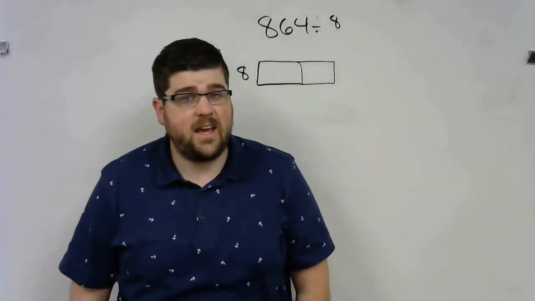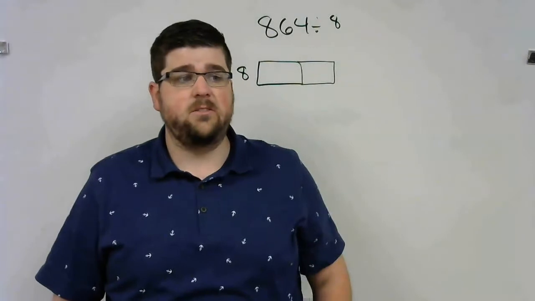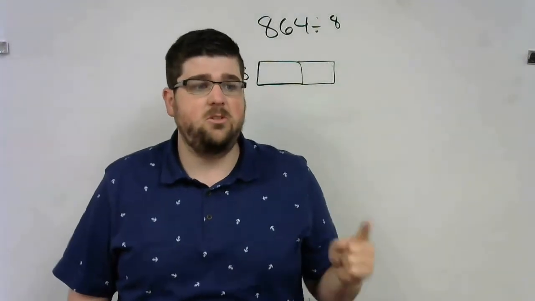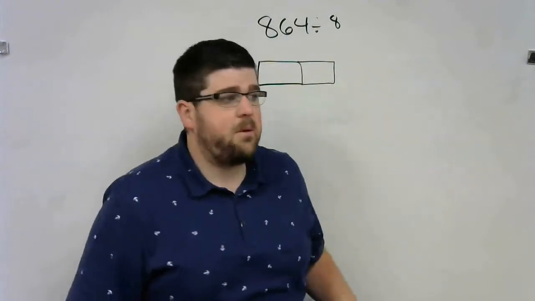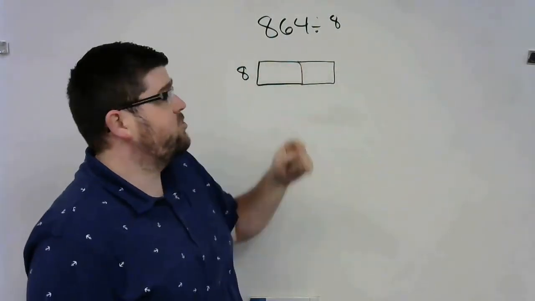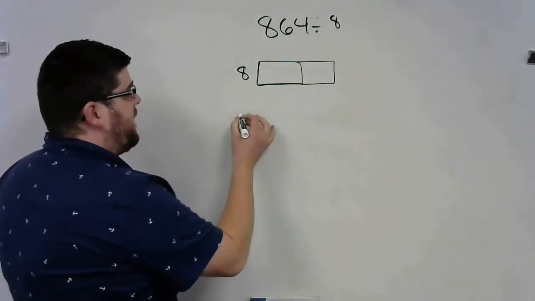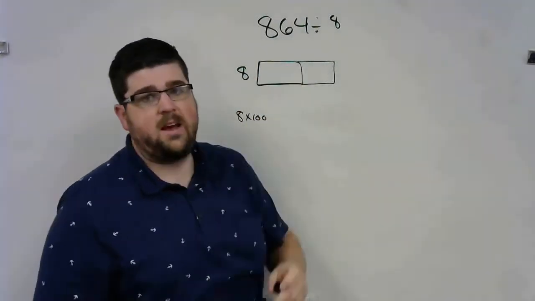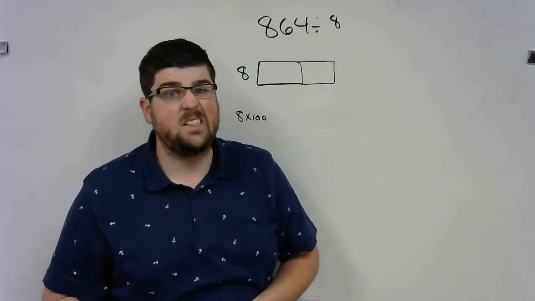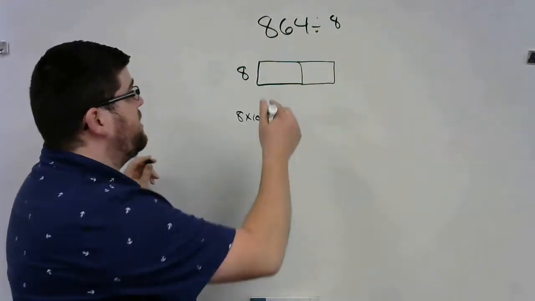Now, just like yesterday, I always ask myself if I could use a multiple of 10 in order to break that number down. Today I'm going to do the same thing, but instead of 10, I'm going to go straight to 100. So can I use 8 times 100 to break down this 864? I can.